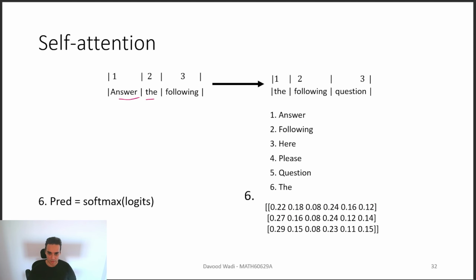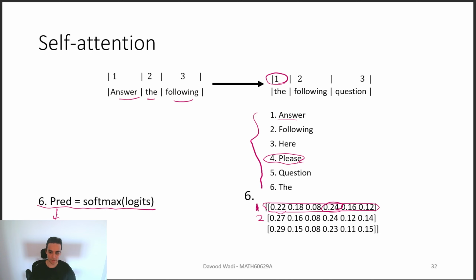If our input is "answer the following", and this is the result of the softmax, for the first prediction, here, the first row, these are the probabilities for different words in our vocabulary. So the first word, 0.22, is the probability of "answer". If you look at the maximum, 0.24, it's the fourth word, so it's "please". So our output prediction would be "please".